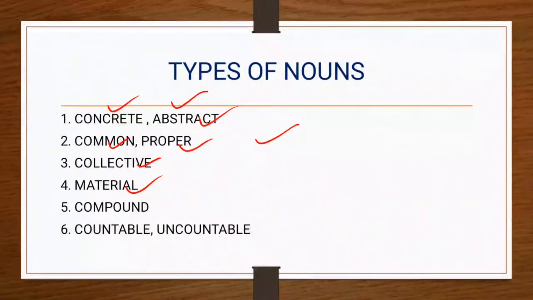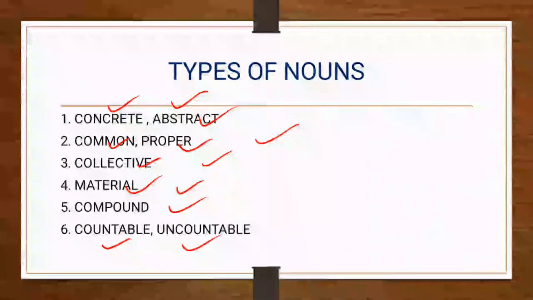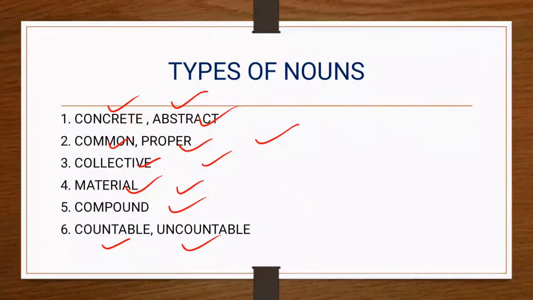Then we will talk about collective nouns, material nouns, compound nouns, and we will also discuss what are countable nouns and what are uncountable nouns and how we can differentiate countable and uncountable nouns. So first of all, let's understand what are concrete and abstract nouns.